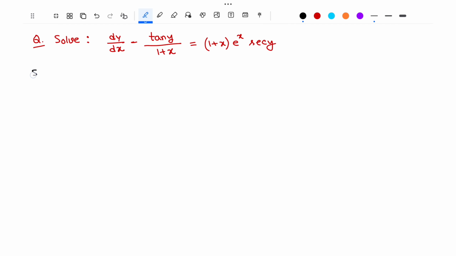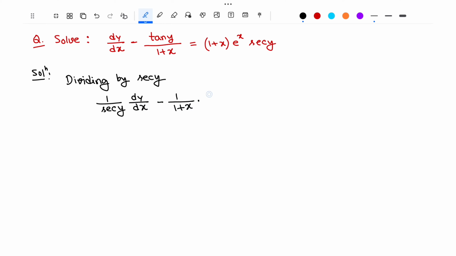Solution: dividing by sec y, so 1 by sec y dy/dx minus 1 by (1 plus x) into tan y divided by sec y equals (1 plus x) into e to the power x.